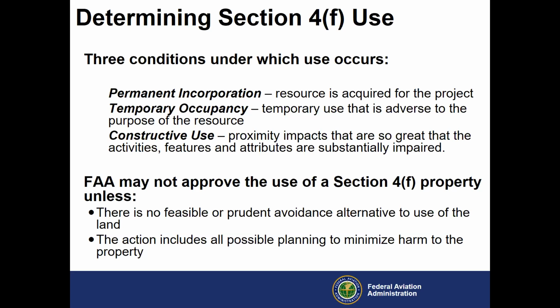And so it never passed the bar for being considered constructive use. Now, FAA may not approve the use of the 4F resource if there's no feasible or prudent alternative that's an avoidance alternative. And that you have to clearly show that you've gone through all possible planning to minimize harm to that resource.